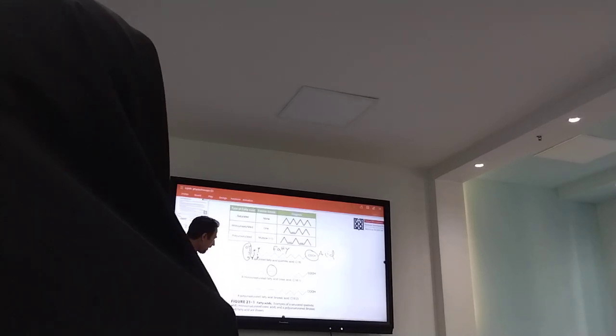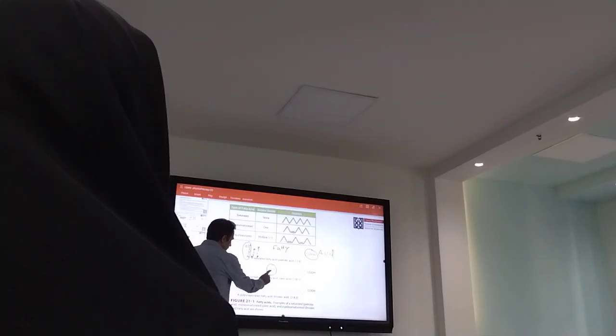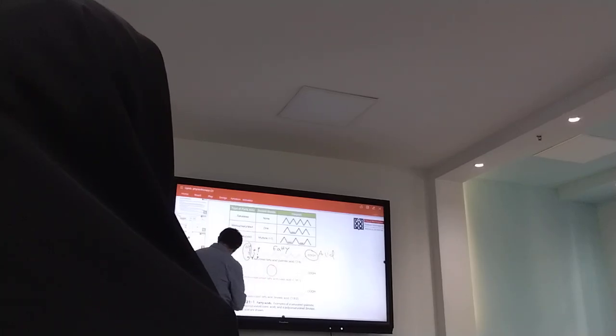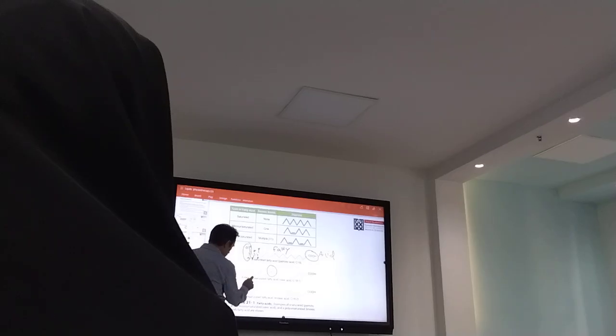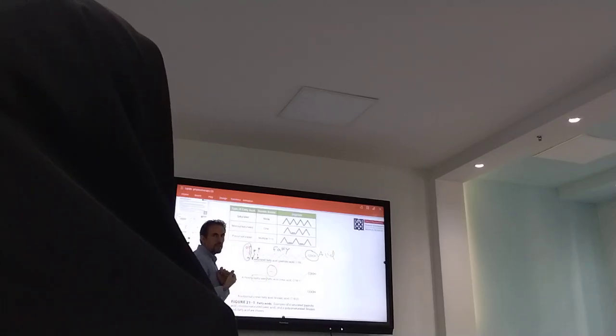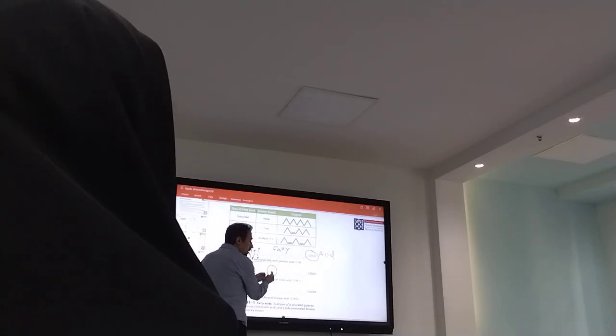Because they are important. See, we have one double bond here. When we have a double bond, we call it then what? Unsaturated. This is a saturated fatty acid because we don't have a double bond in its structure. But this one is called unsaturated.